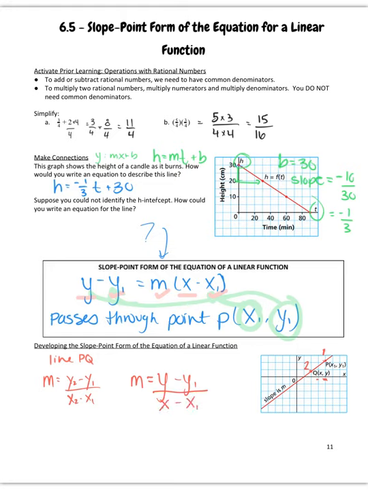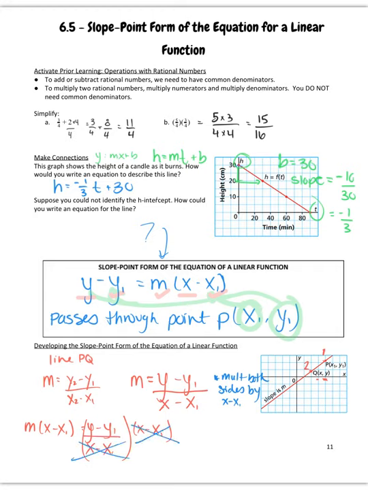What we're going to do is multiply both sides by x minus x1. So we get x minus x1 times m, which equals y minus y1 all over x minus x1, all multiplied by x minus x1. X minus x1 cancels on this side, and we're left with y minus y1 is equal to m times x minus x1. So this entire formula was just derived using slope.